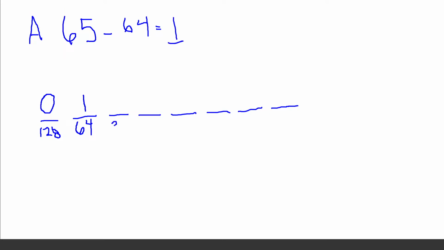So the next place is my 32. Is 1 minus 32 a positive number? No. 16. Is 1 minus 16 a positive number? No. 8. Is 1 minus 8 a positive number? No. 4. No. 2.